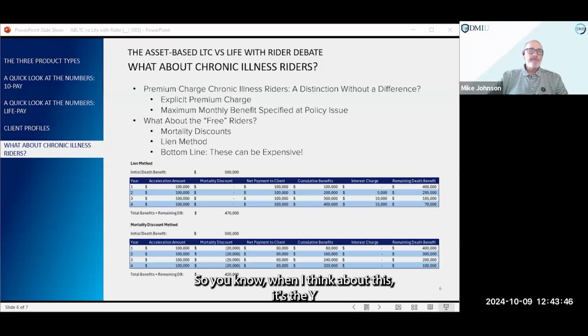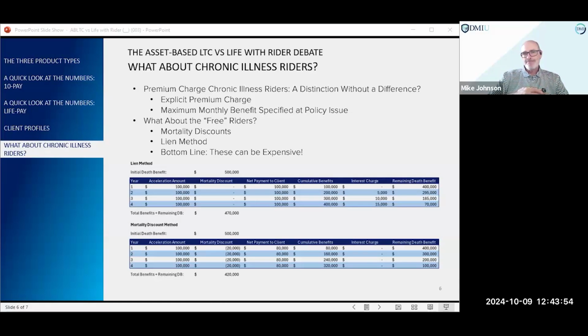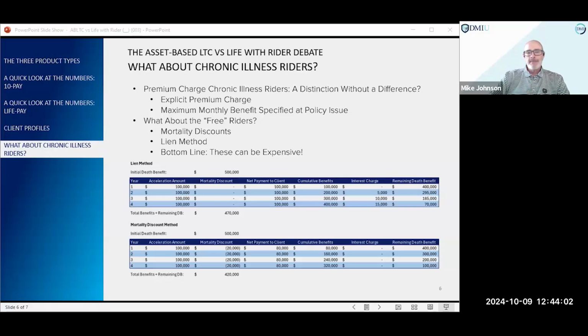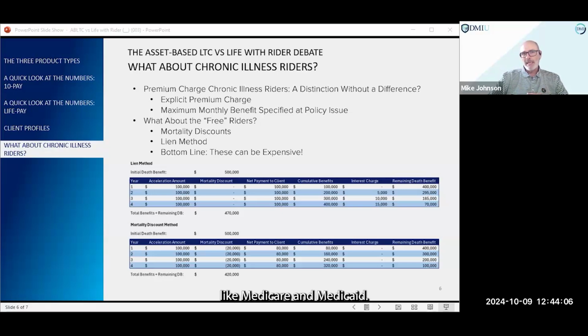So, when I think about this, it's the why. Why these conversations are so important. Josh mentioned this right there at the onset, those unexpected LTC expenses that can just absolutely devastate your finances. We think about the government programs that we have available, like Medicare and Medicaid.